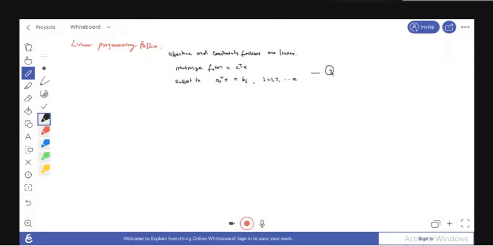In this second type of problem, what are the vectors?